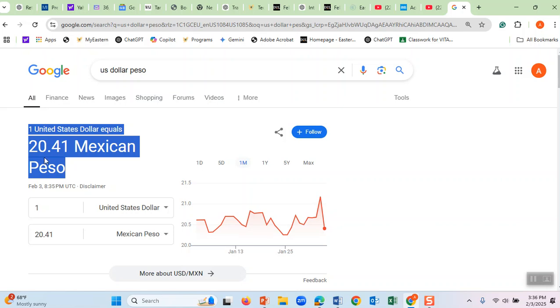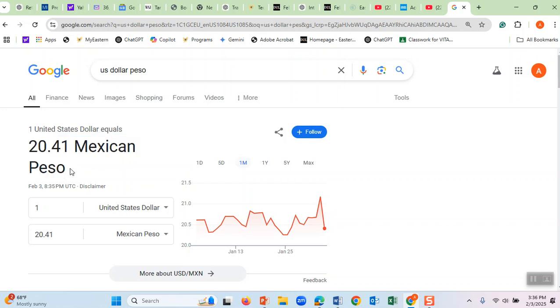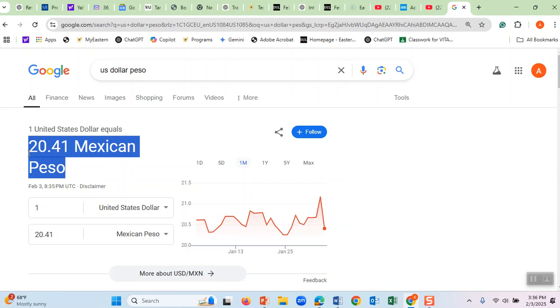When $1 gives you 20 pesos, that means it is a devaluation of the peso. Therefore, it is difficult for Mexican companies to sell their products to the U.S. because when they sell the products to the U.S., the dollar is expensive. They have to give 20 pesos to get $1.